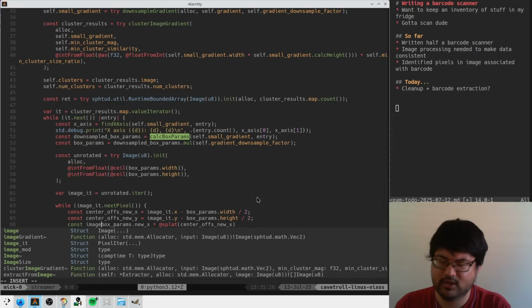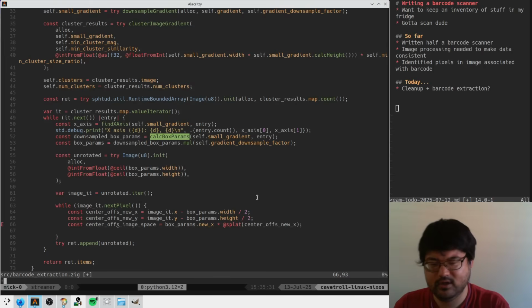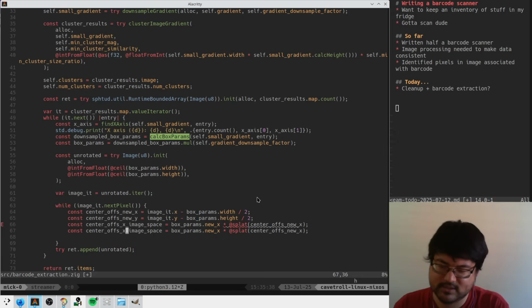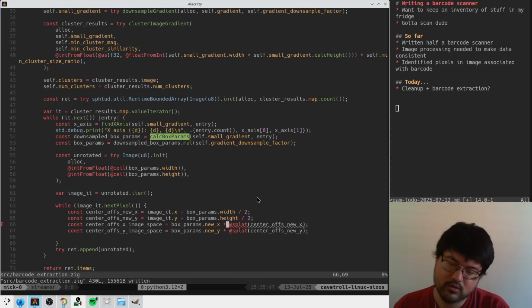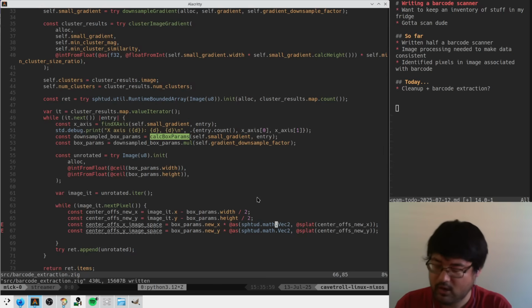Yes. Image center offs image space is this. Center offs x image space. And the y image space is the same. New y. Okay. Seems good. I think we might need this. Okay.